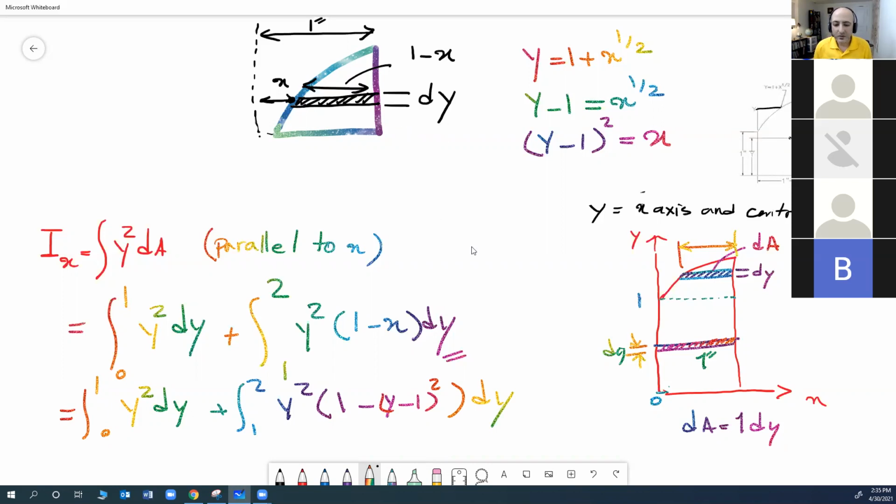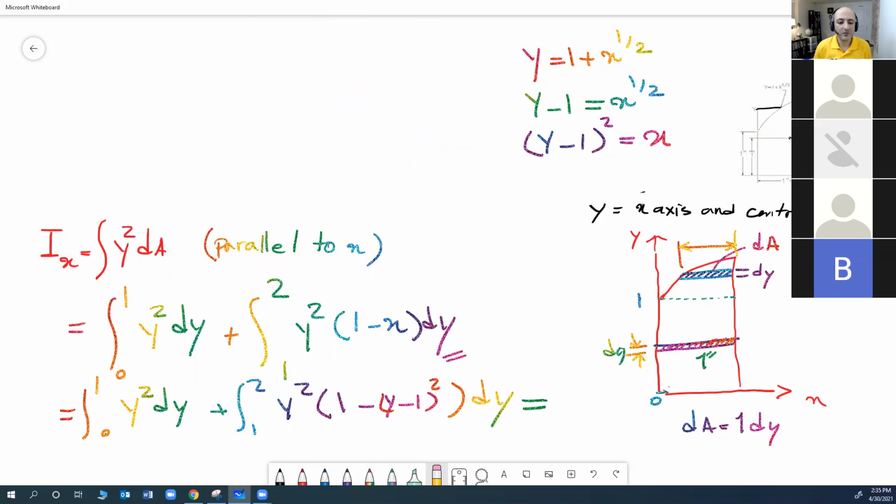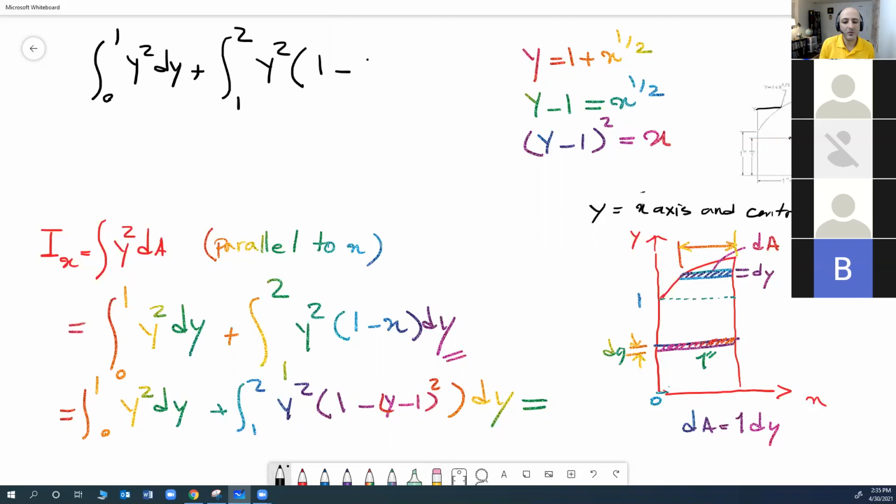All right, you do the math on this one. I'm going to write it. These are so pretty, I don't want to delete it, but I'm going to write it in black so people don't get distracted. 0 to 1, y squared dy, 1 to 2, y squared dy.